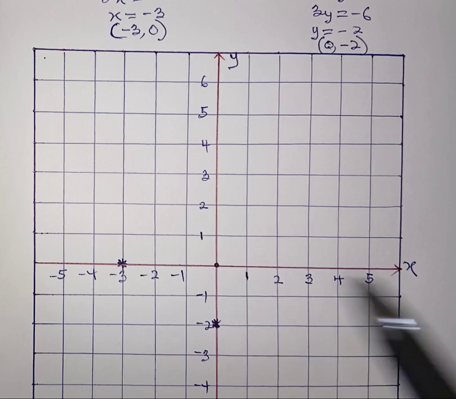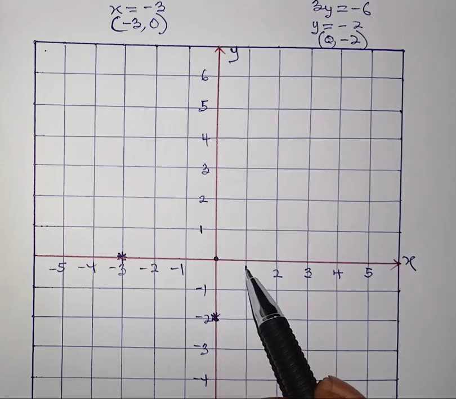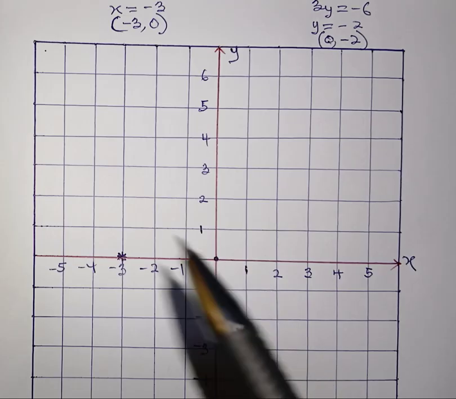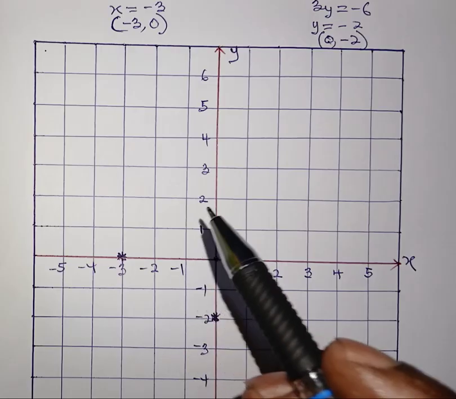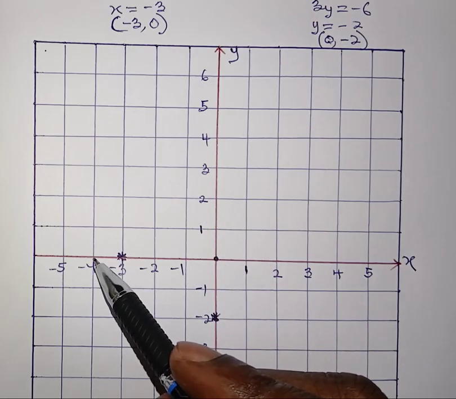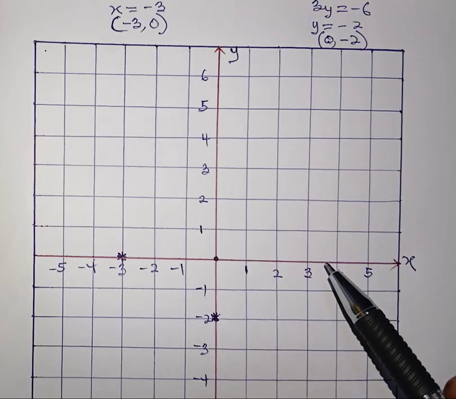So even here, if you want to get another point, we can pick 1 from x and then substitute whatever we get. We can also pick maybe -4 and substitute, and whatever answer we get, we can do that.